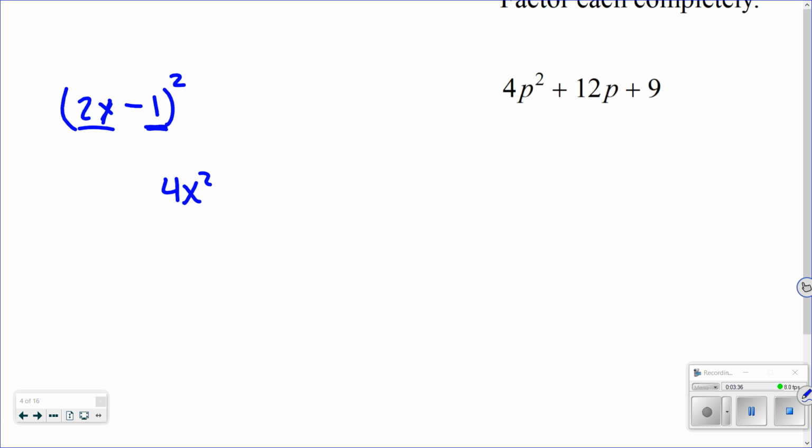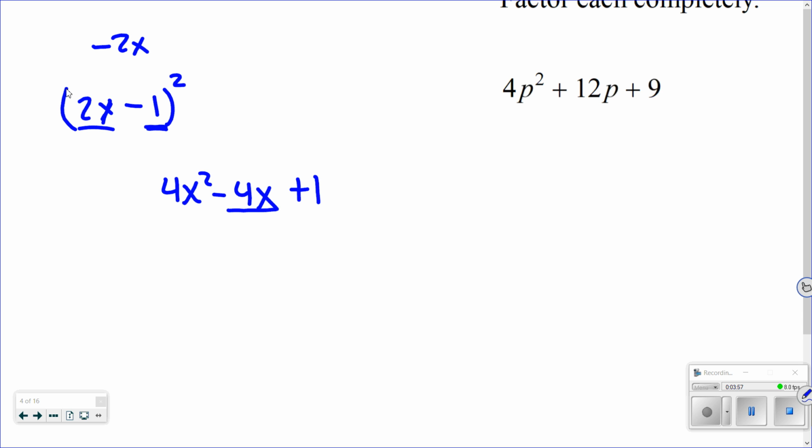Then I square the last one. When I square a minus 1, it's minus 1 times minus 1, which ends up being a plus 1. Then you have to find that middle term. I always multiply them together. 2x times a minus 1 is a minus 2x. And then you always have to multiply it by 2. So that would be minus 4x in the middle there. That's a shortcut way of multiplying that out.